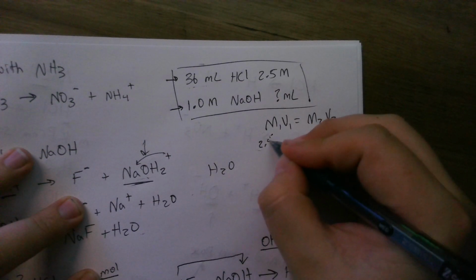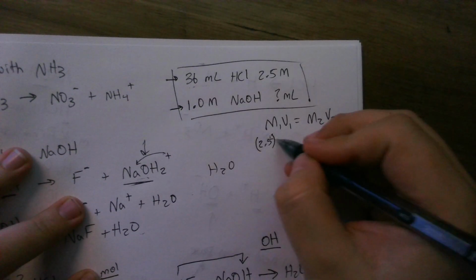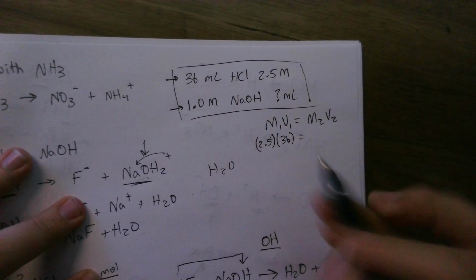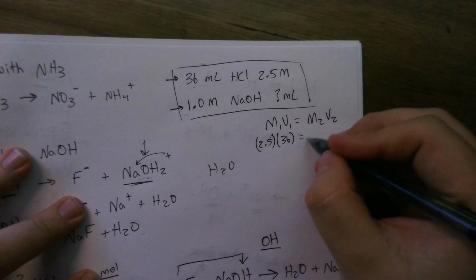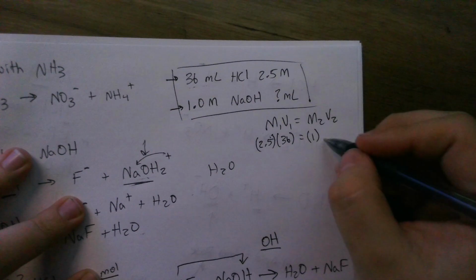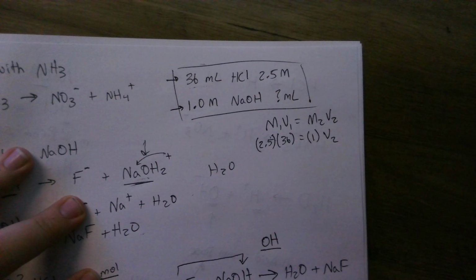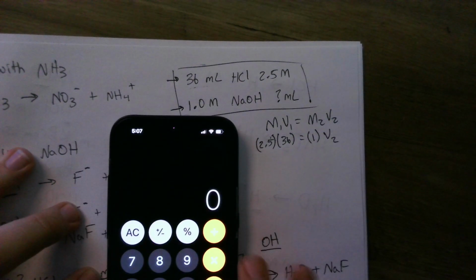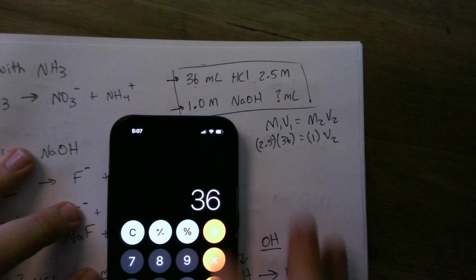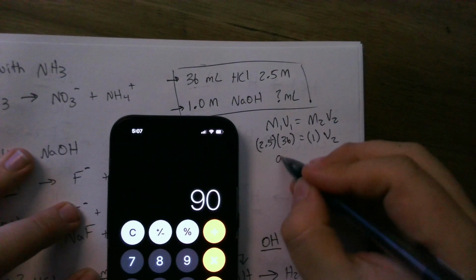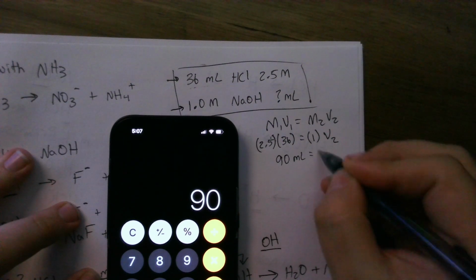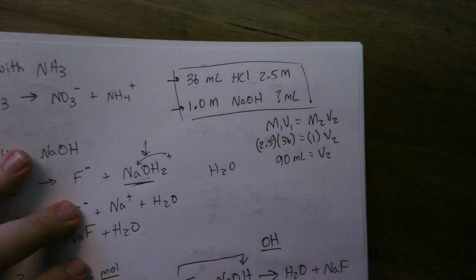So I have 2.5 molar acid, and I have 36 milliliters of it. My base, I know I have 1 molar, and I don't know its volume. But I can solve it. 2.5 times 36 divided by 1, 90 milliliters is how much volume I need to neutralize it with.